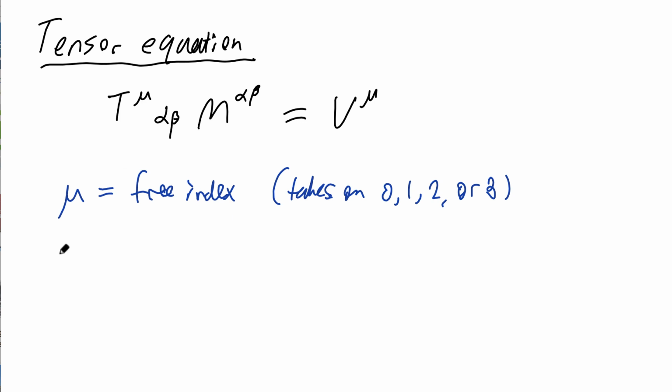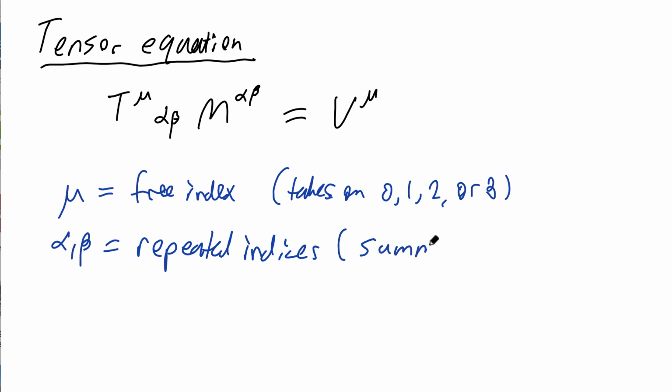And the indices alpha and beta in this term are repeated indices. So there are two appearances of alpha and two appearances of beta. That means they're summed over. So really this is a sum over alpha equal 0, 1, 2, and 3, as well as a sum over beta from 0 to 3.